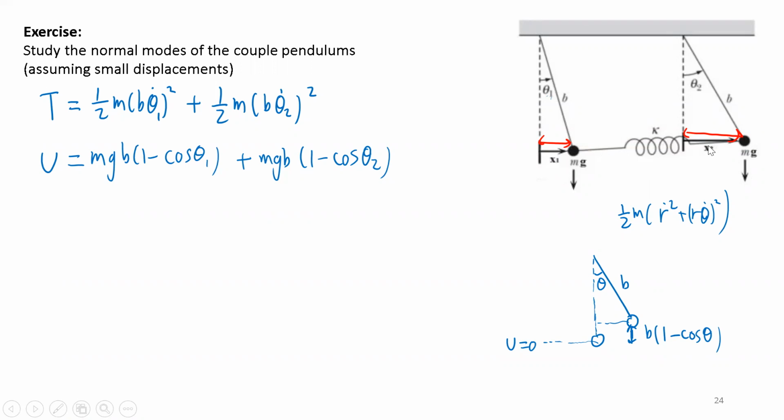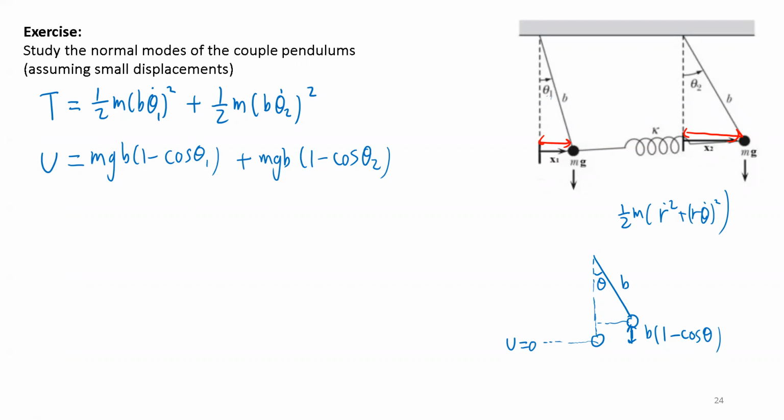Because if these two are the same, that means the distance between this and this is still the same as what we have at the equilibrium position, so there will be no stretching. What matters is x2 minus x1.